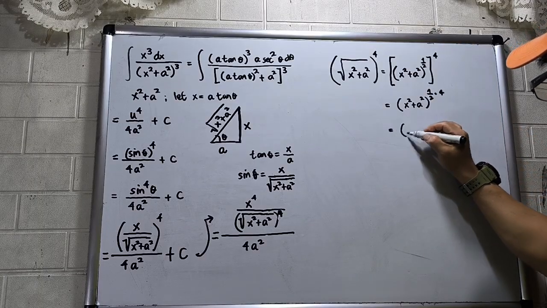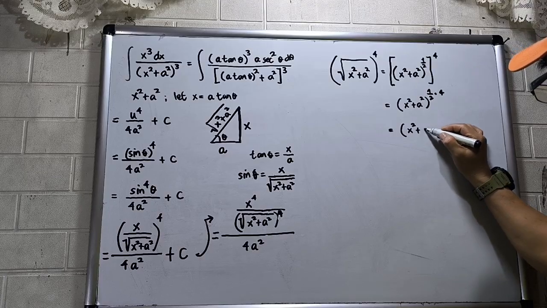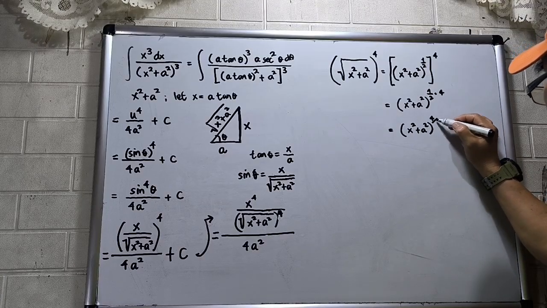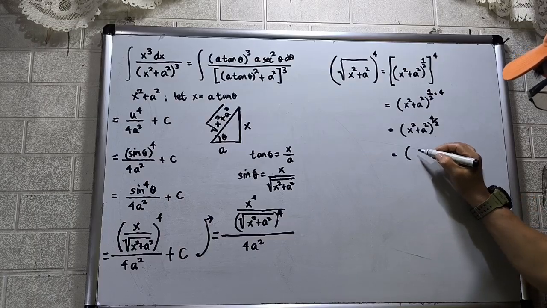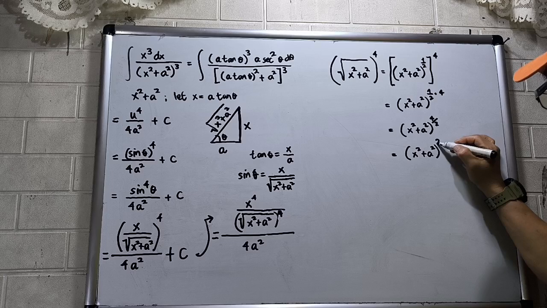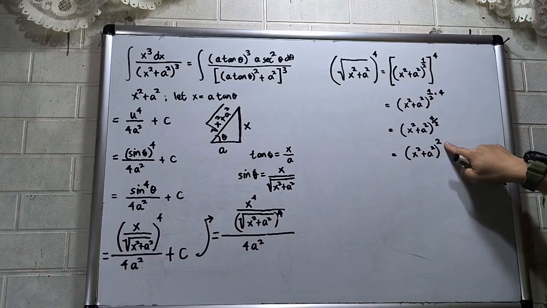So this will be x squared plus a squared raised to the power of 2, because 4/2 is 2.